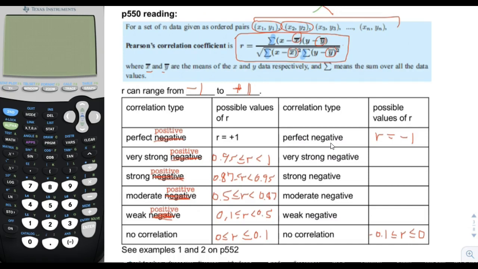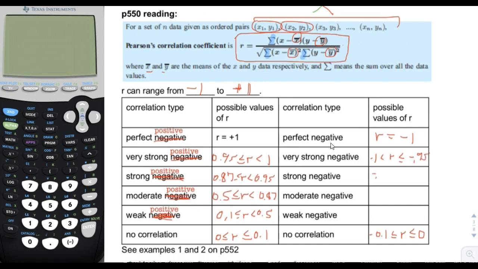So over here on the negative side, you're going to have all the same numbers, but instead of positive 0.95 to 1, you're going to have negative 1 or negative 0.95, for example.